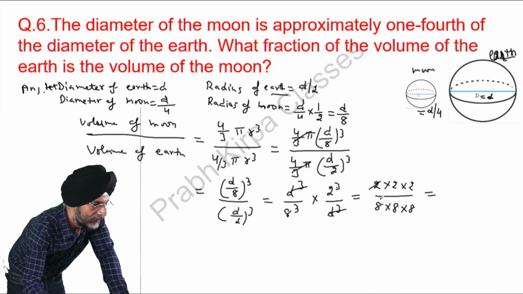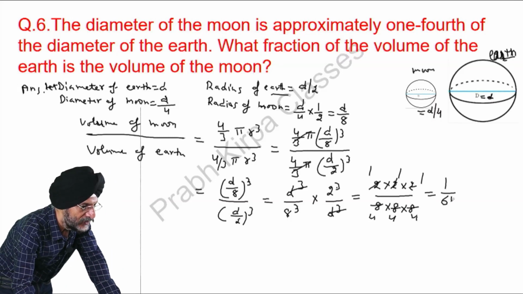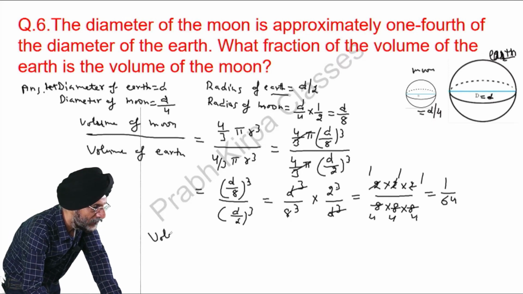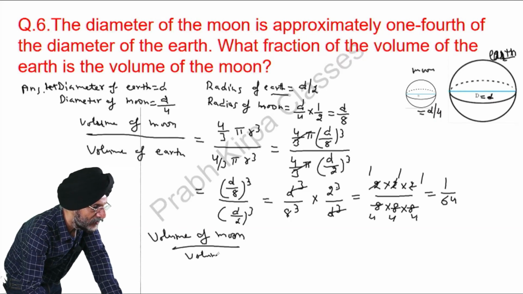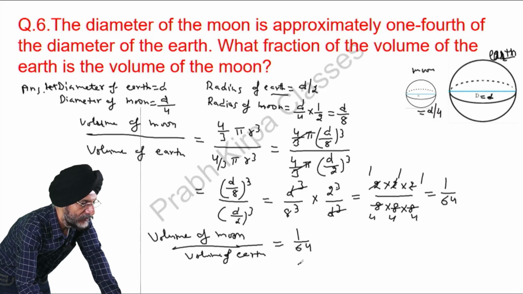So now it will become 1 over 64. So volume of moon over volume of earth is equal to 1 over 64. So this is the answer.